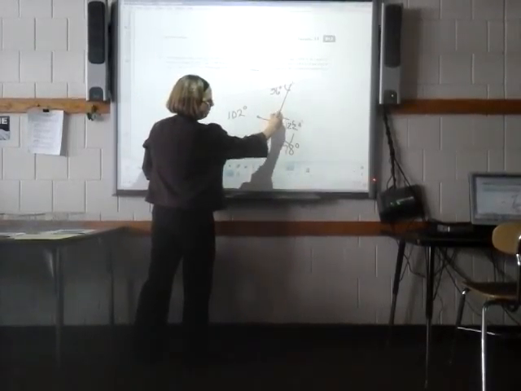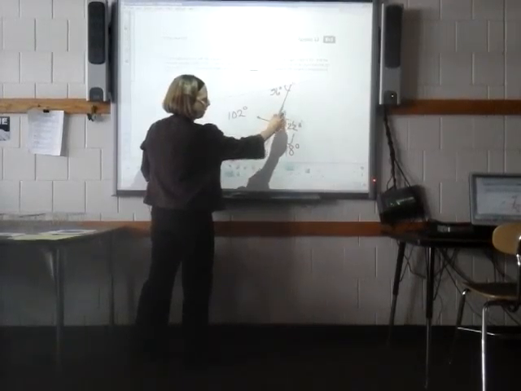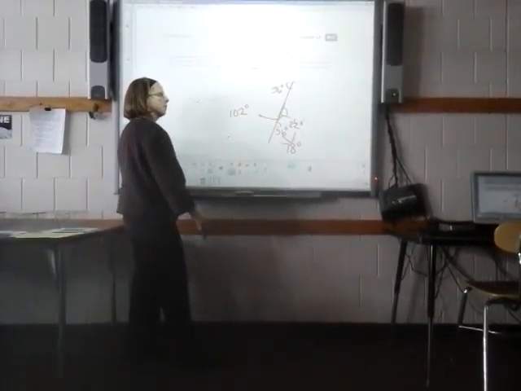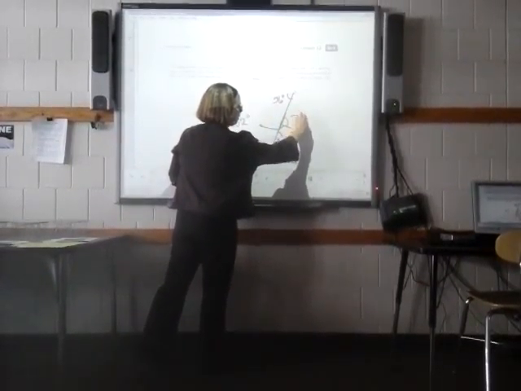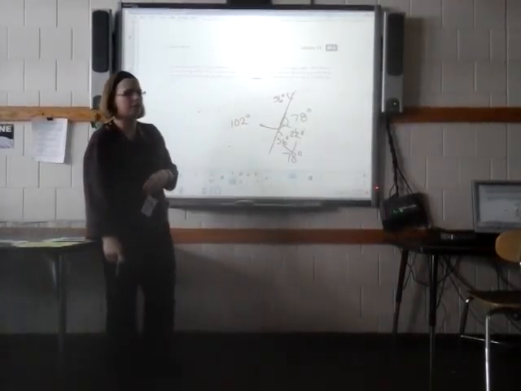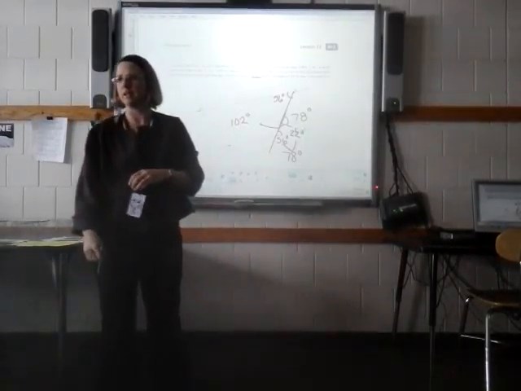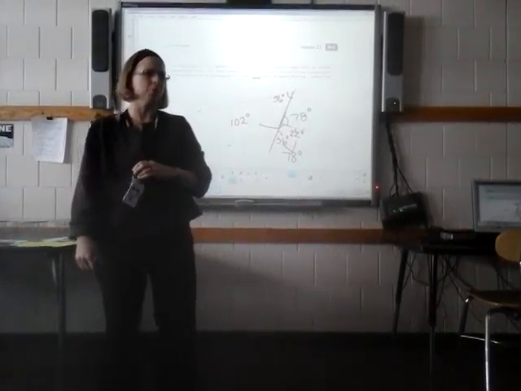Here's a straight line created by my inside triangle angle and the outside angle I'm looking for. 180 minus 102 gives me 78 degrees for that final angle that we're looking for. Find the relationships that you know.